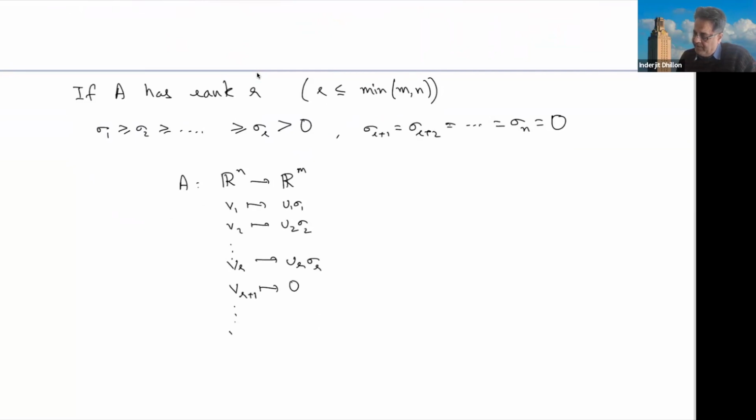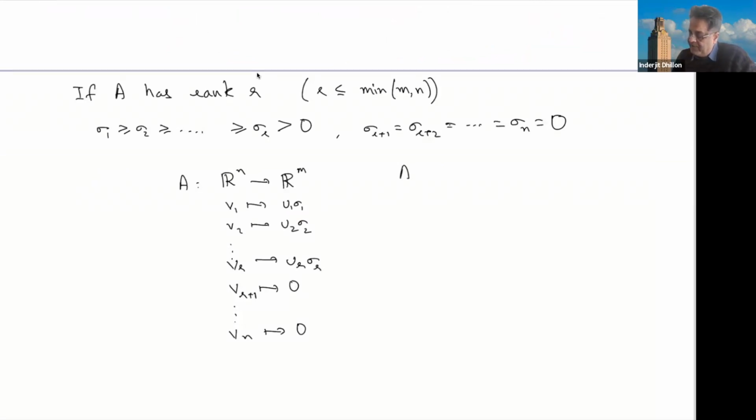And similarly, Vn is mapped to 0. Note that r may be equal to n, in which case there is no vector Vr plus 1 through Vn. Okay?